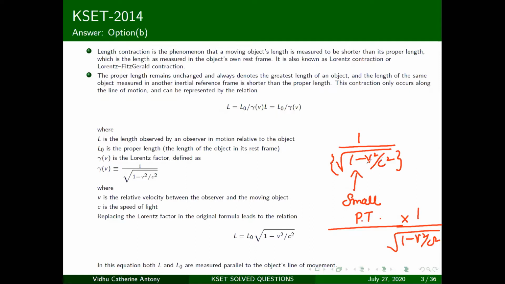So the trick here is to remember that the denominator is small. That means I get something big when I do 1 divided by root of 1 minus V square by C square. So how do you remember this? Basically, you have length contraction, which means the output length should be lesser, so the input length would be bigger. What you're supposed to do is take the input length and multiply it by a small quantity to get the output length.